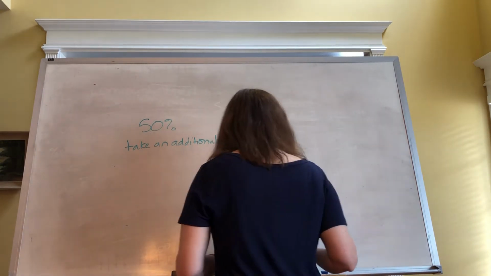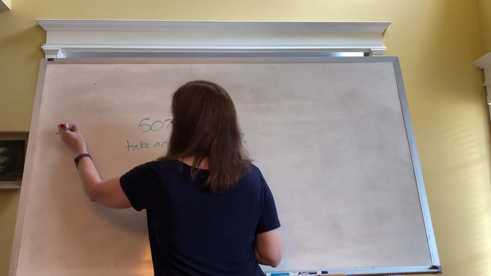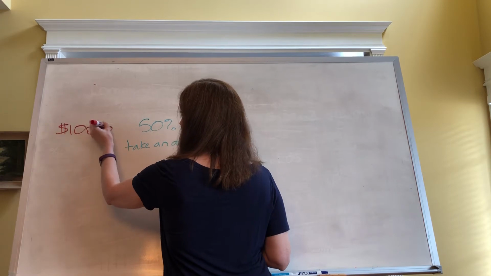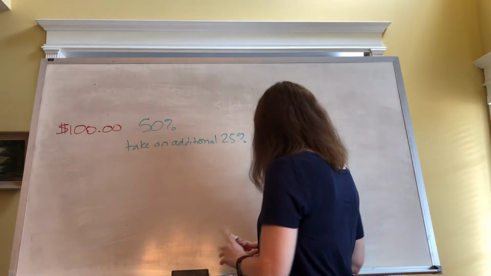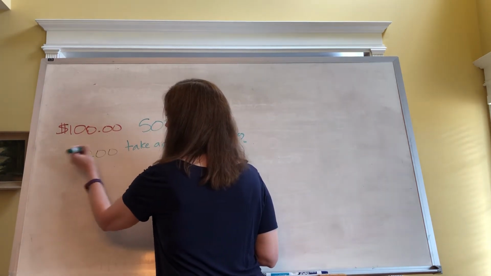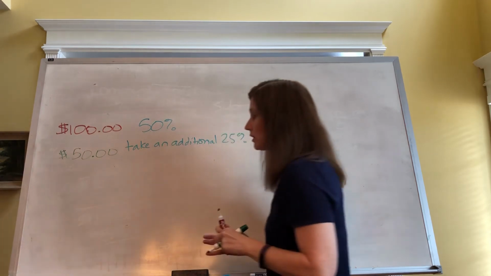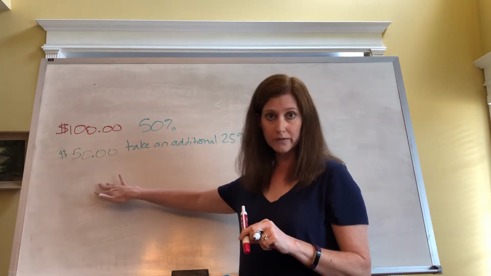So let's just say we started with an item that was $100. 50% off of that $100, the sale price is $50. So what I'm saying is that the item is not now $25.